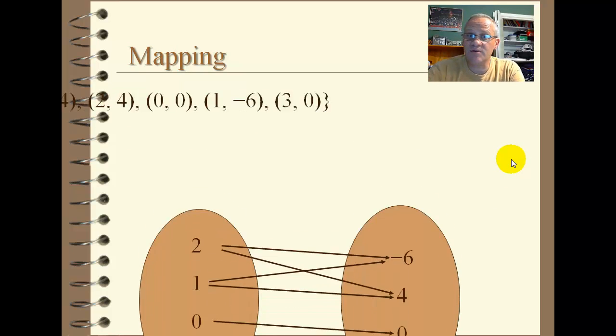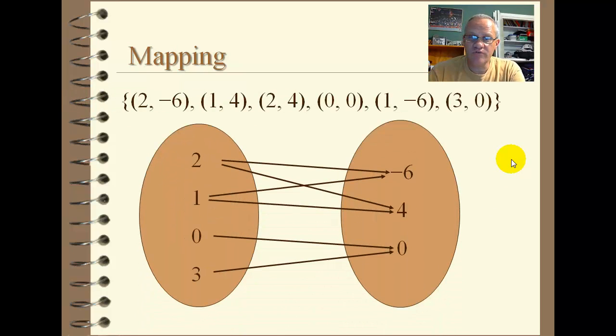Mapping, remember what a mapping looks like. It's got the 2 ovals in it, and then on the left side over here, this is where you've got your domain, and this is where you've got your range. Remember, when we write the domain, we only write it one time. So notice, even though 2 came up twice here and here, we only wrote it one time in here. So 2, 1, 0, 3, and over here, -6, 4, and 0. What we do is we match up each x with each y.